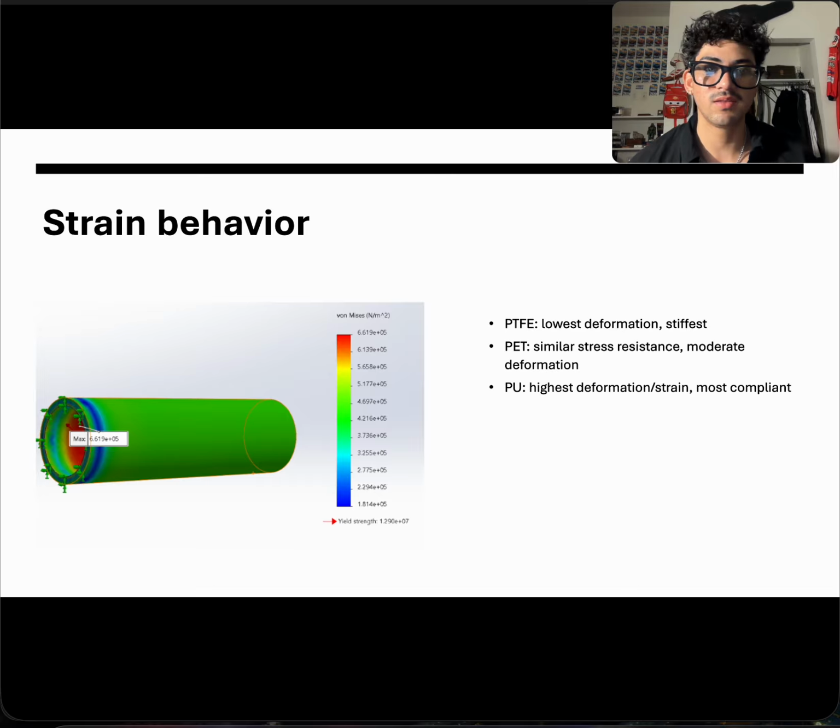PET was in the middle, showing more deformation than PTFE, but less than polyurethane. And polyurethane showed the highest strain values in all cases, especially in the short segments under 5 times the normal flow rate, meaning it is the most compliant, but also the most prone to large deformations under extreme conditions.